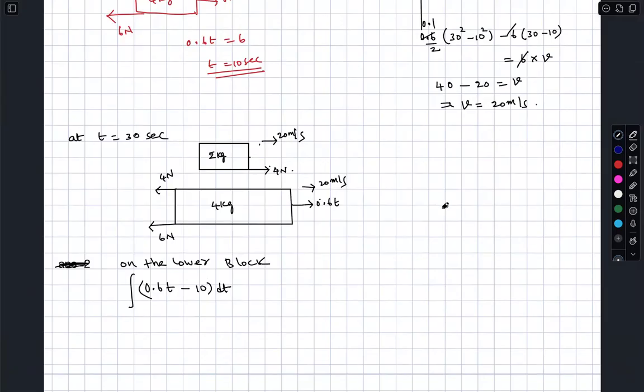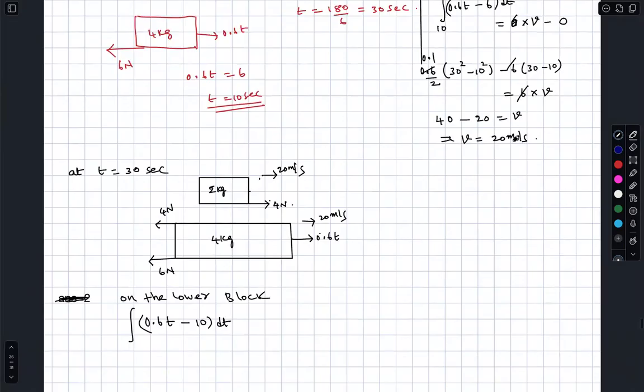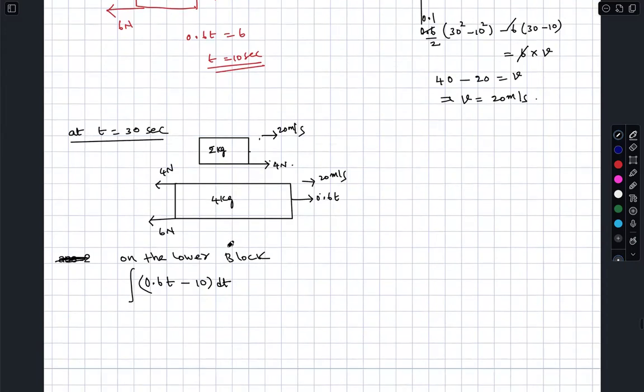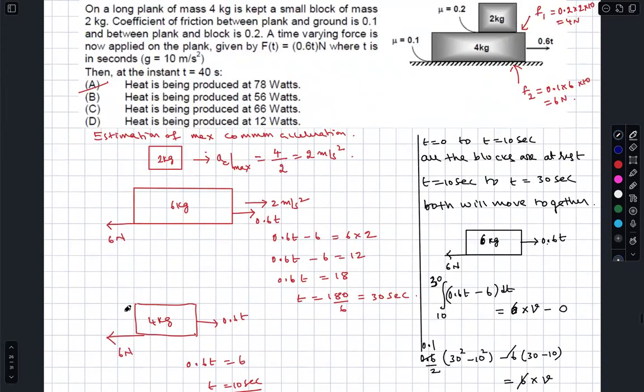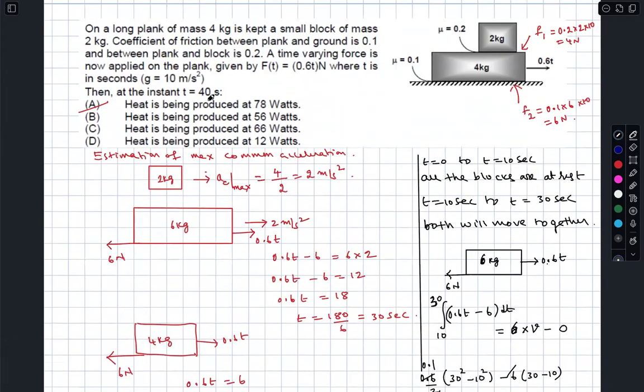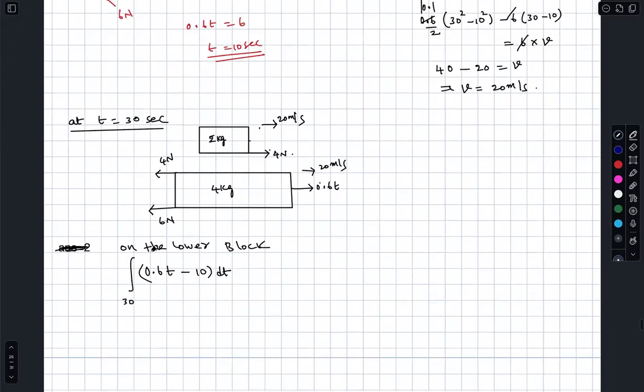Right. Okay. Now, till here you are there. I didn't do much in this. Now, at t equals 30 seconds, free body diagrams I have drawn. From hereafter, there is constant force on the 2 kg block, but variable force on the 4 kg block. Now, let us work on the lower block. On the lower block, from 30 seconds, they were asking about around 10 seconds. So that is around 40.